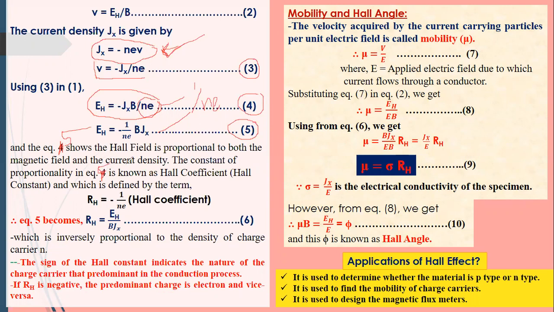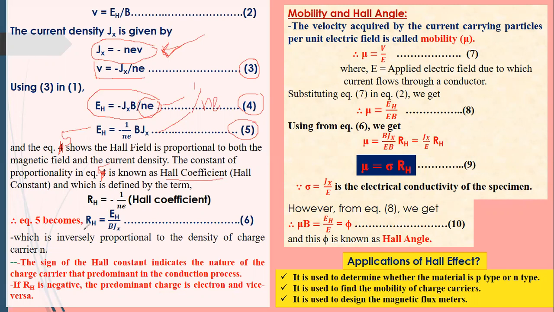Equation number 5 shows the Hall field is proportional to both the magnetic field and the current density, and the constant of proportionality in equation 5 is known as the Hall coefficient. That is also nothing but the Hall constant, which can be defined in this way: RH is equal to minus 1 upon Ne.